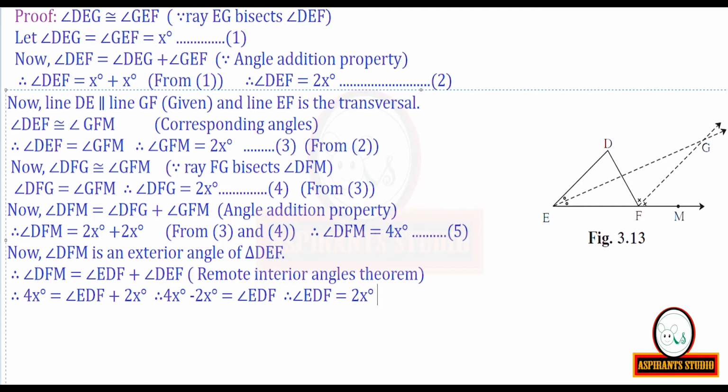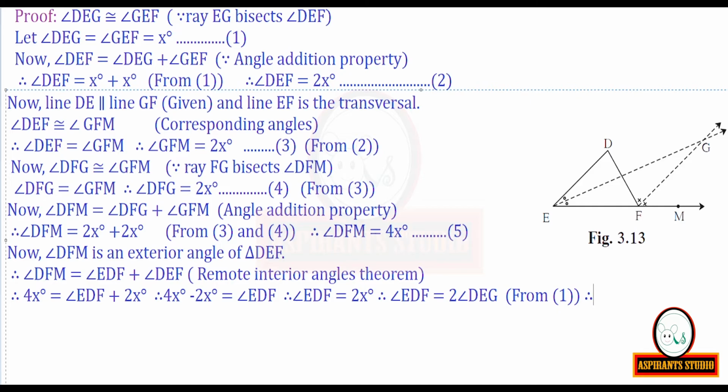Now we can replace that x degrees by measure of angle DEG from equation number 1. In equation number 1 we have measure of angle DEG to be x degrees. So replace this x degrees by measure of angle DEG. Then you get measure of angle EDF is equal to 2 into measure of angle DEG. You write the reason from equation 1. Now bring 2 to the other side.